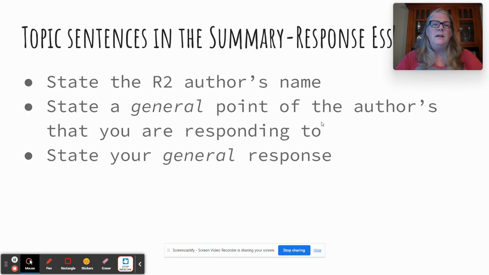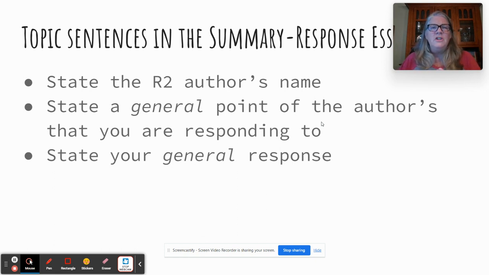What you're going to be doing in this essay in particular, or if you ever do another summary response essay, you want to make sure that you're mentioning your author's name, the R2 author's name, because that's that repetition of key ideas. You're responding to this author's ideas. That author should be repeated in your topic sentences, all right?